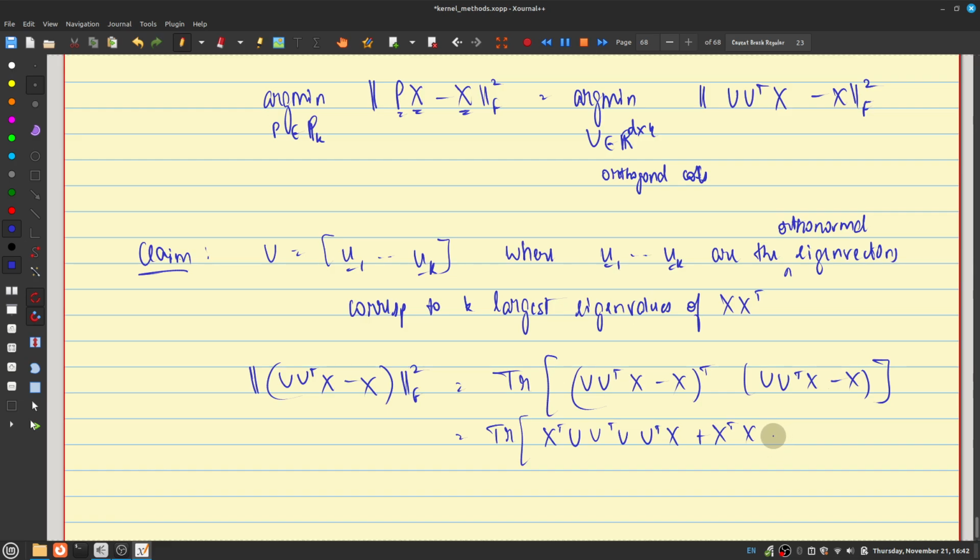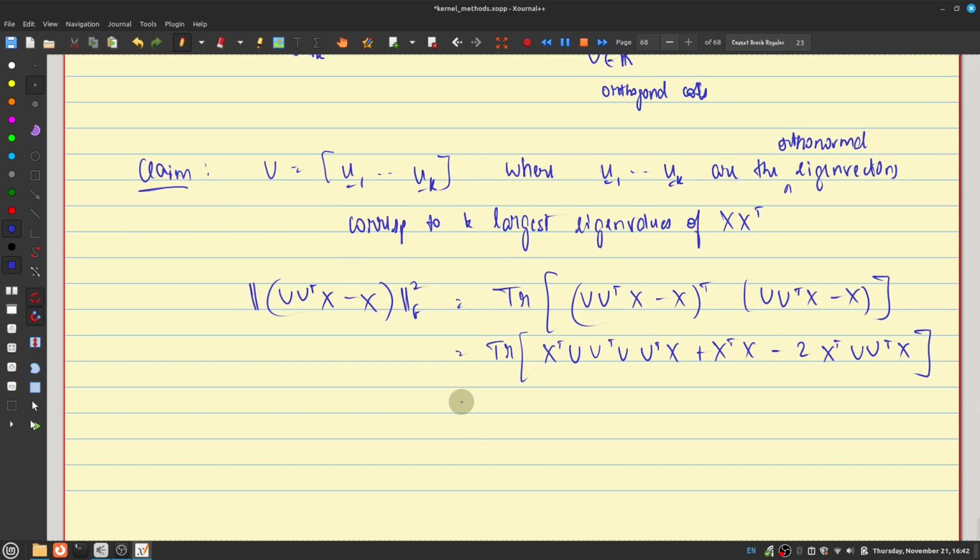X transpose X minus 2 times X transpose U transpose X, right? This is equal to what? What is U transpose U equal to?